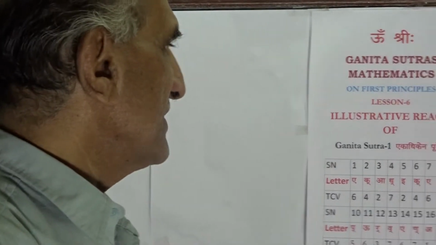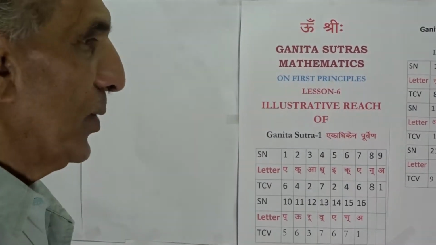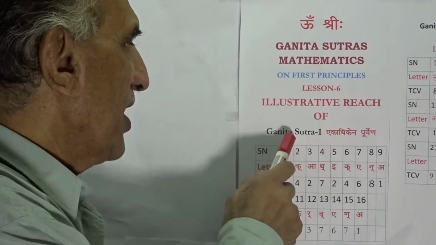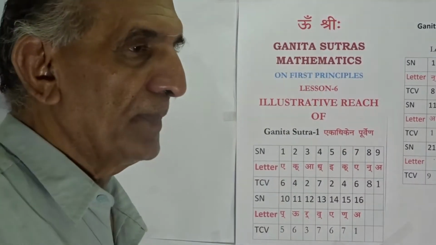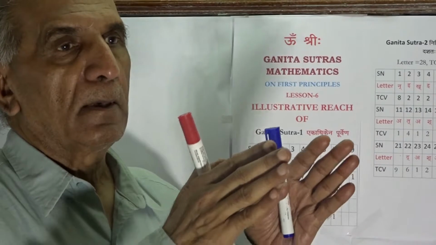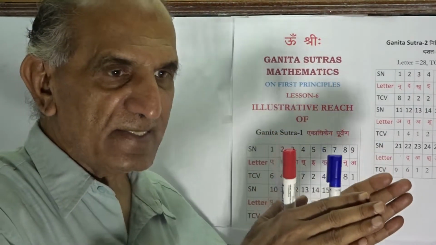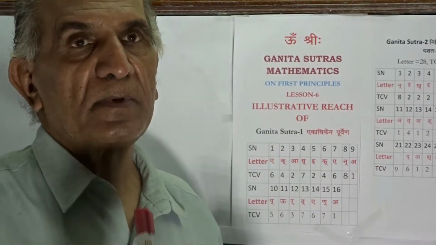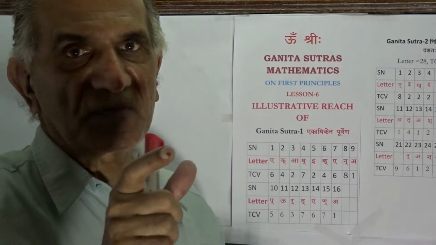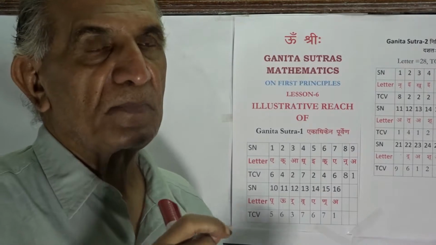Today in Lesson 6, we are taking up the illustrative reach of Ganita Sutra 1. Ganita Sutra 1 is the source sutra. Ganita Sutra 1 is a text of 16 letters.